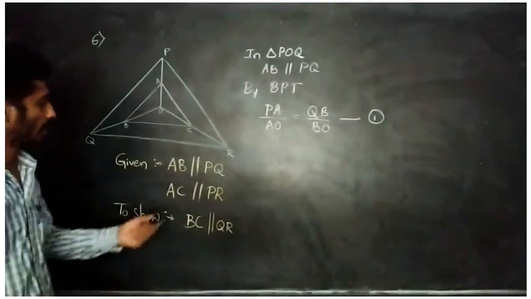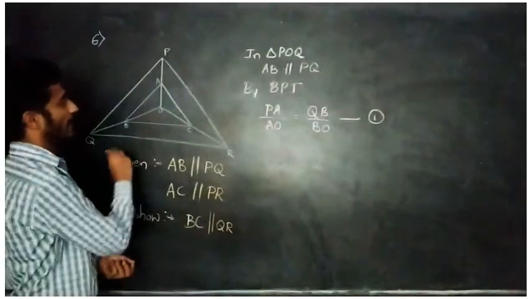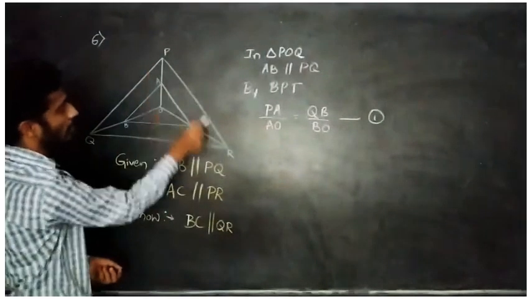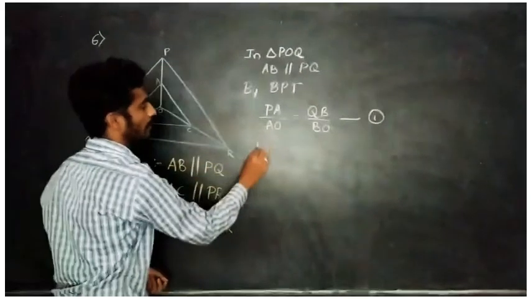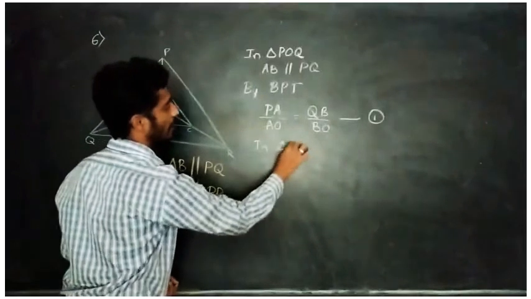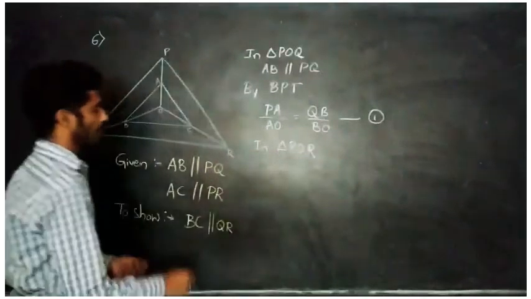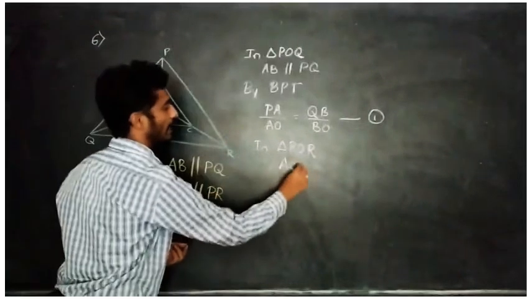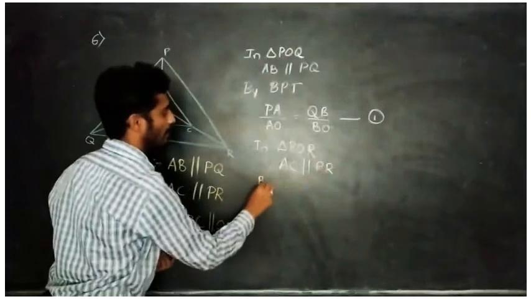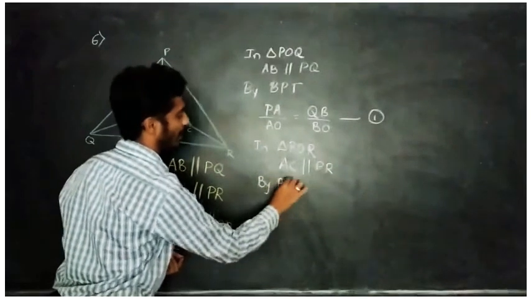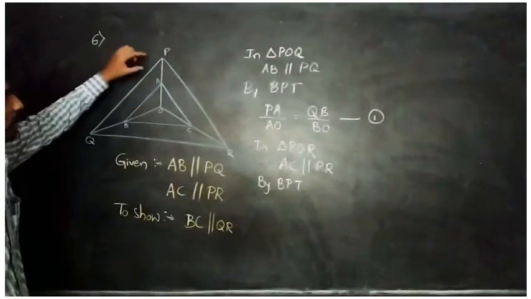Similarly, now taking the second given point, that is AC is parallel to PR. In which triangle? In triangle POR. It's given that AC is parallel to PR, so by BPT, if you take the BPT here, again what you will get?